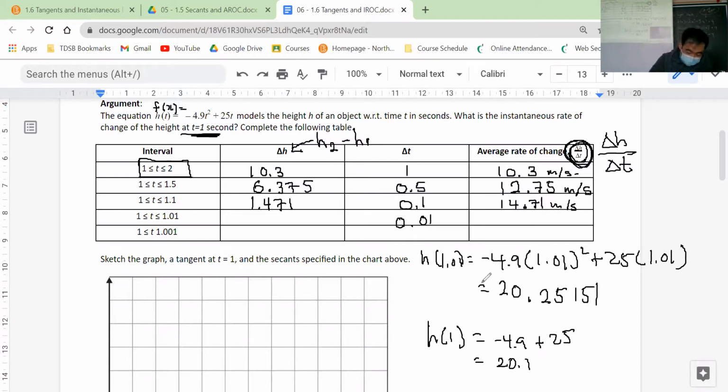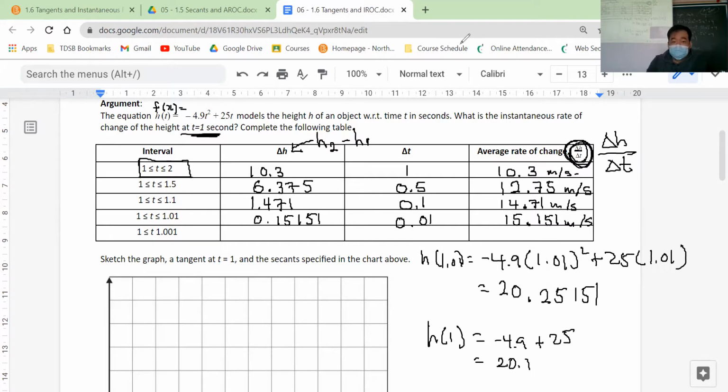Subtract it. 0.15151. If I get the slope, 15.151. So now this new number is actually really close to the previous one. I think we're getting somewhere.